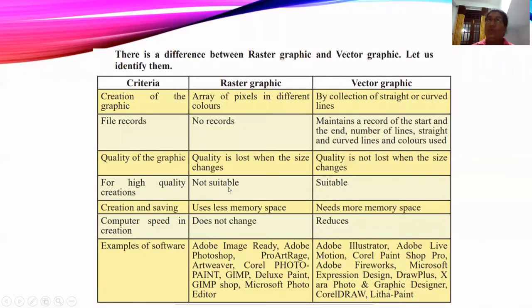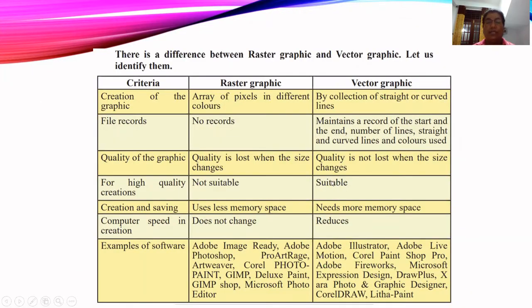But when we are developing web pages, raster graphics are normally enough for us because they have low capacity, and we have to think about the speed of the web page. So high quality creation, like posters, is where we need vector graphics, right?